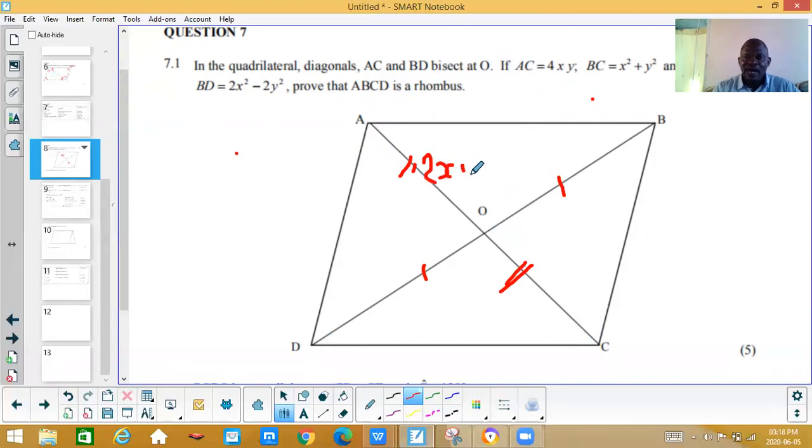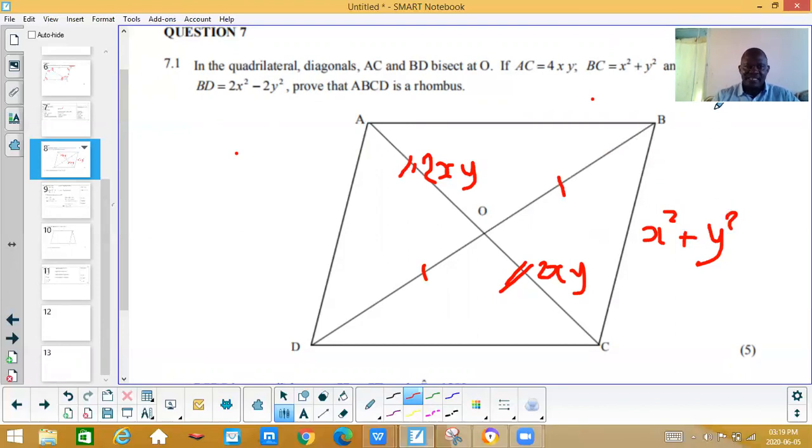If you look at AO, it's 2xy, and this one is also 2xy, because they bisect each other. BC is x squared plus y squared.